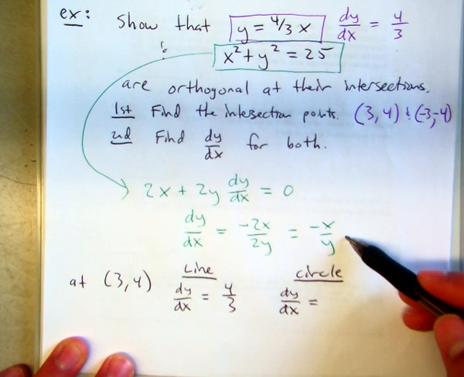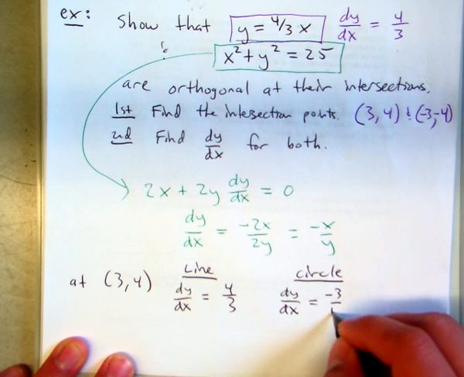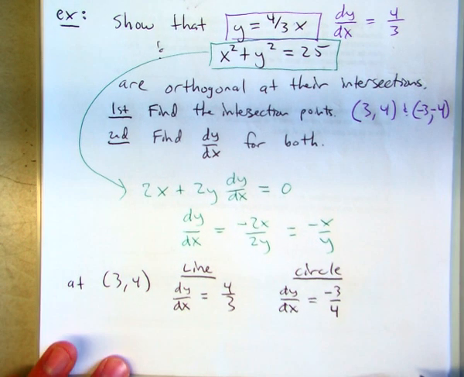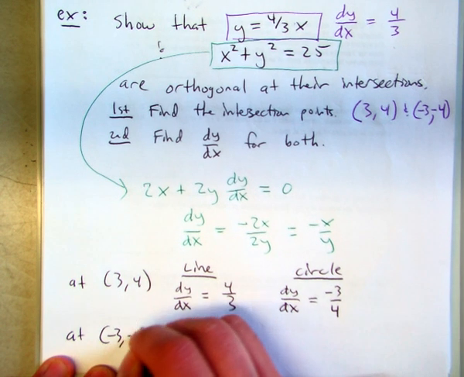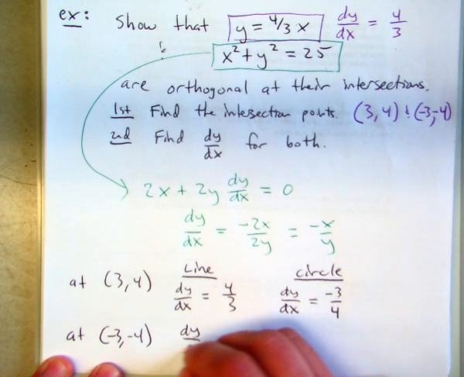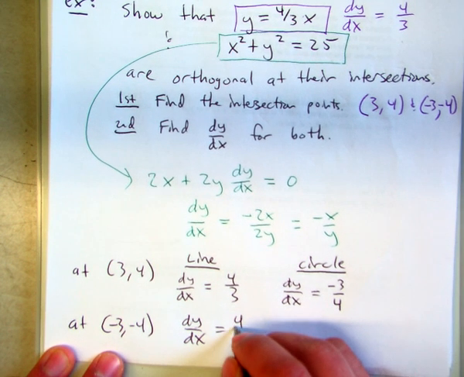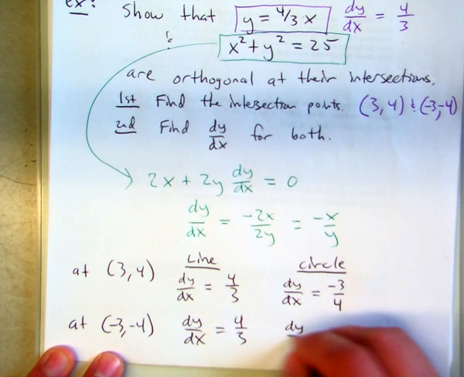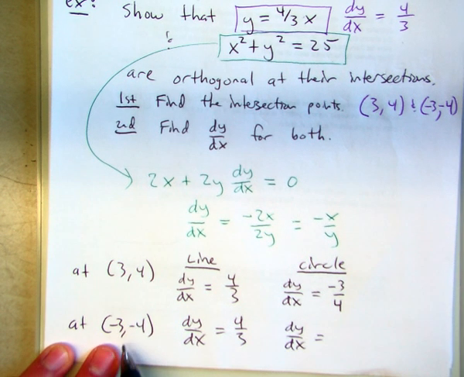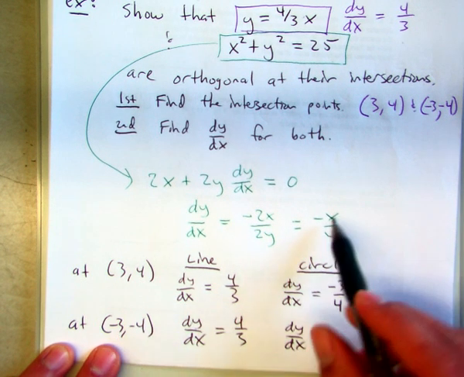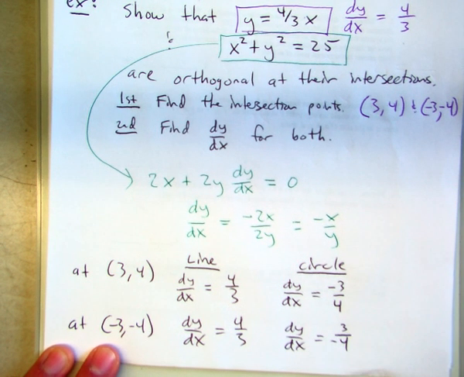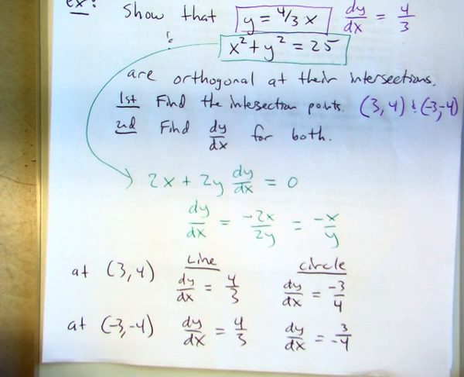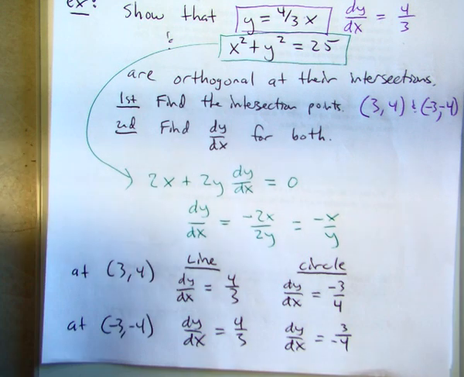So we have negative 3/4. Okay, let's also look at the other point of intersection. dy/dx is always going to be 4/3 for the line. For the circle, we do minus of negative 3, so 3 over negative 4, same thing. We get negative 3/4.